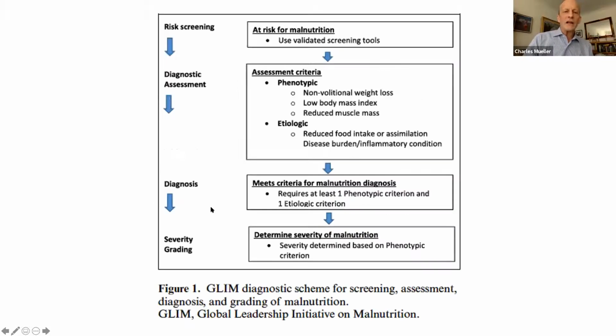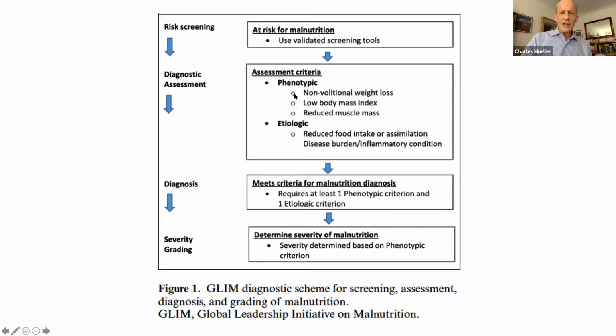And criteria to establish malnutrition using the GLIM model goes through this progression using a screening tool for malnutrition risk. And there should be another circle down here in this figure to check.